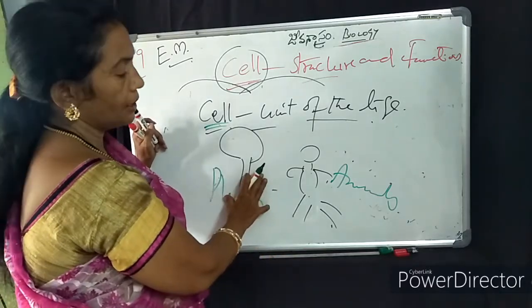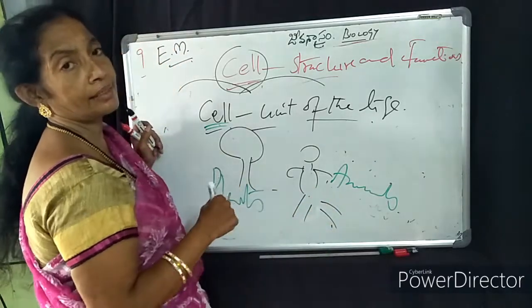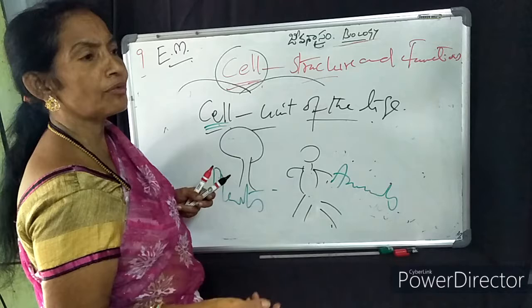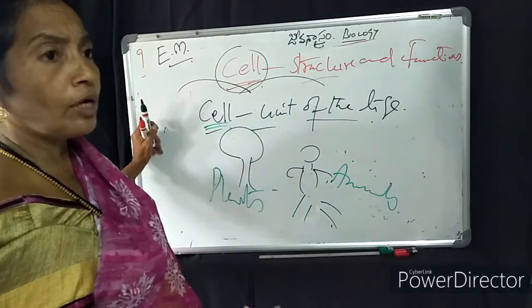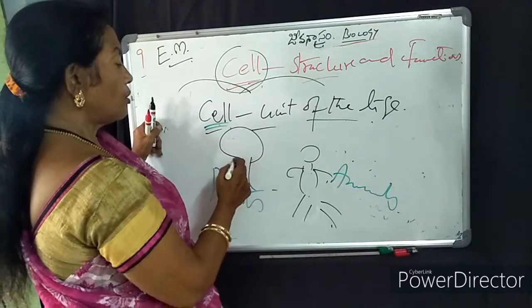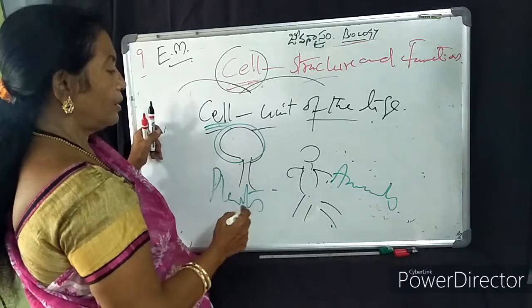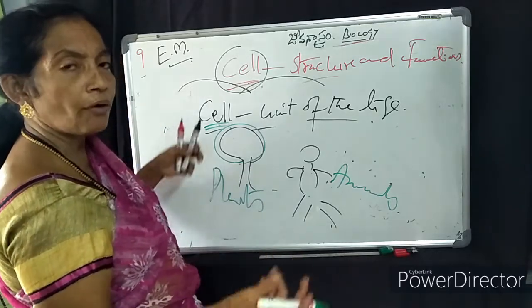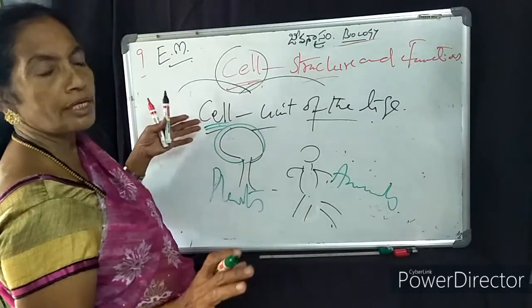In plants we have cells, in animals we have cells. Where do we have cells? If anybody asks you where you find cells, your answer must be very clear. You must say our body is full of cells only.